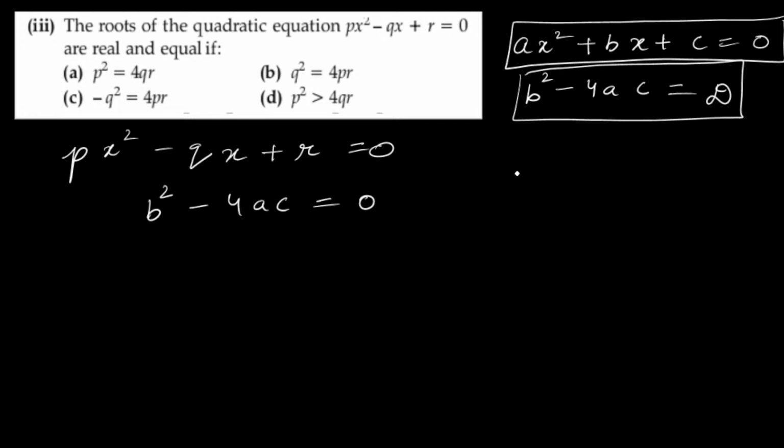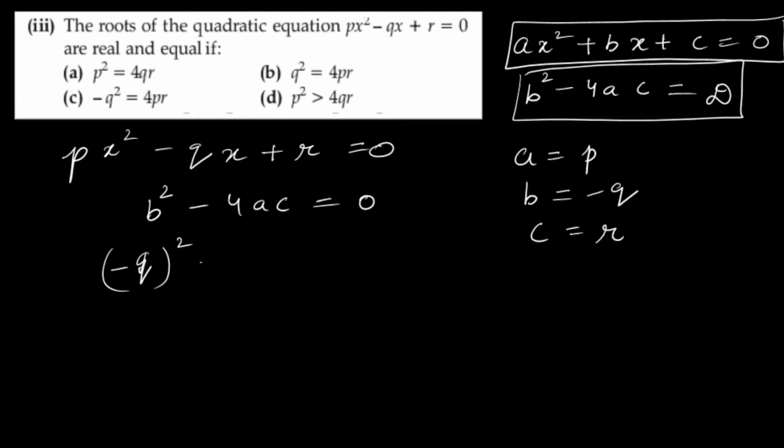Now we can write the values of a, b, c and substitute. A is equal to p, b is equal to minus q and c is equal to r. When roots are real and equal, b square minus 4ac is 0.